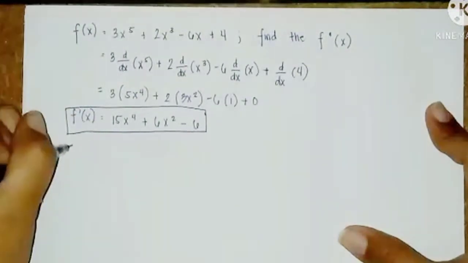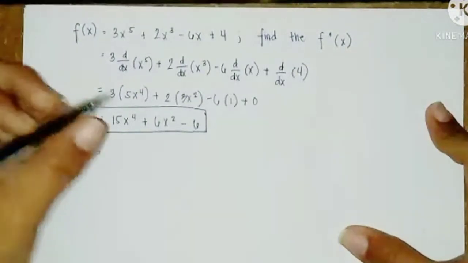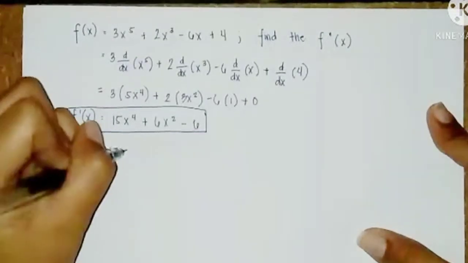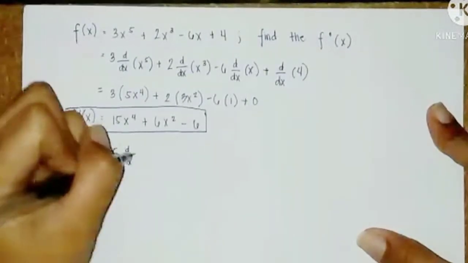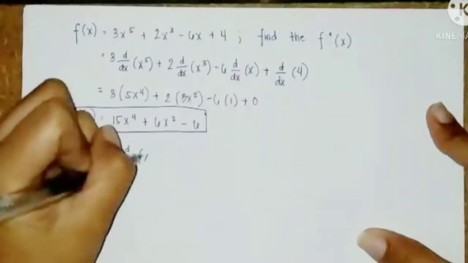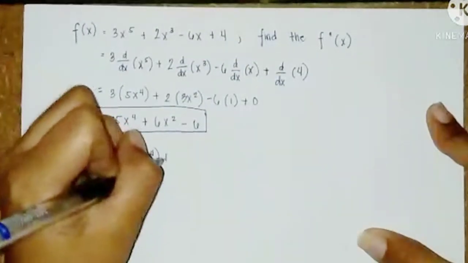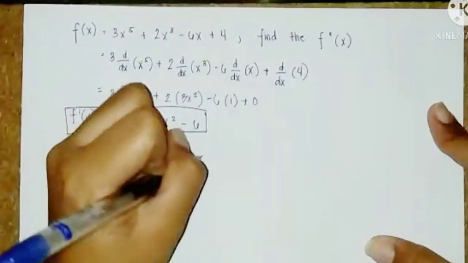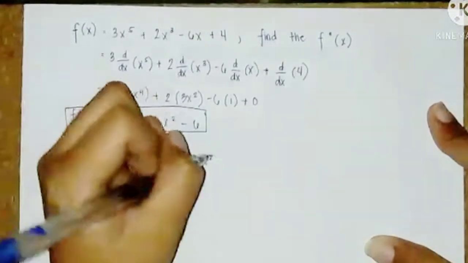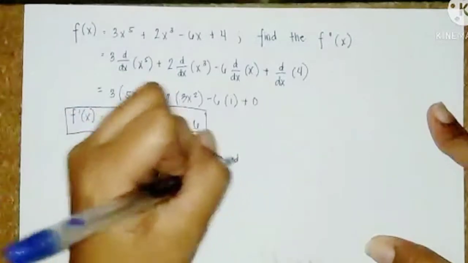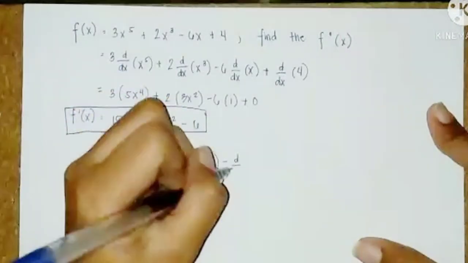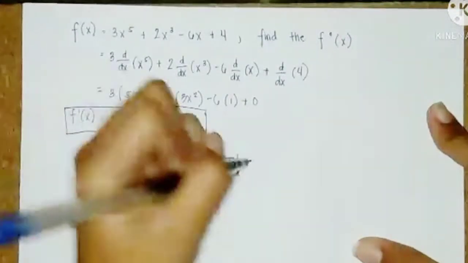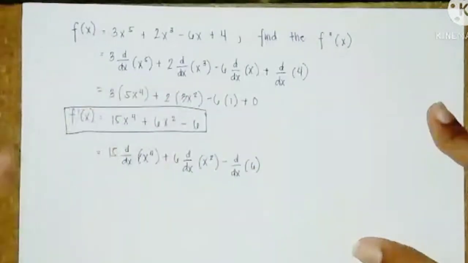So to get the second derivative, let us have 15, then the derivative of x raised to 4 plus 6, then the derivative of x squared minus the derivative of 6.